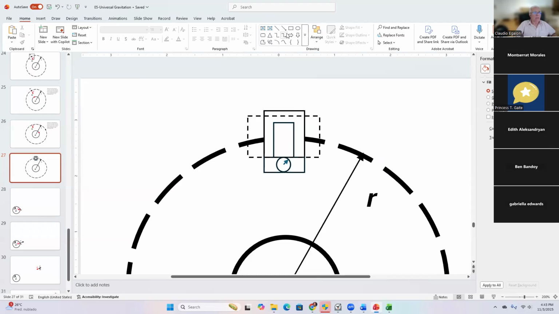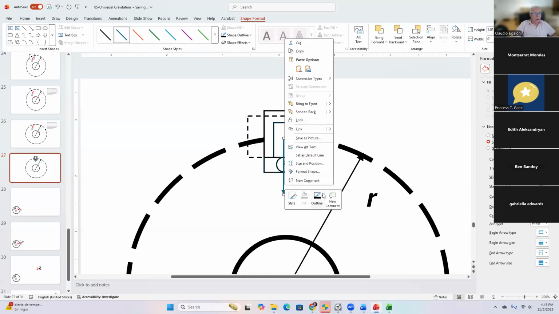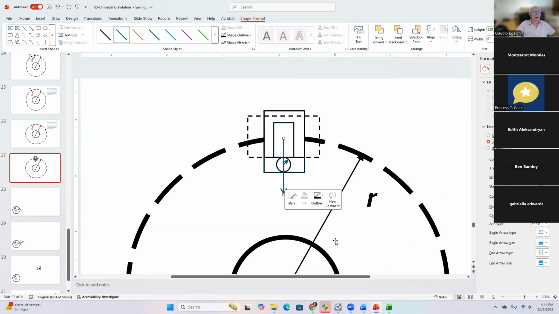In this case, there will be a force that will always be there, right? And this force is the weight. The weight is nothing but the force of gravity that's being applied to the test subject.